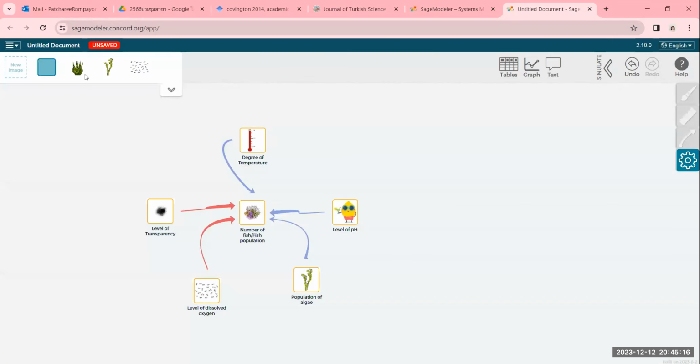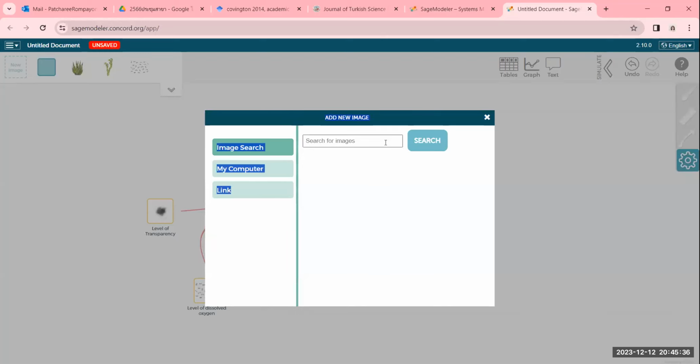Then, not only plant, but also the what is it? The disposal from house or from industry. What kind of disposal? Waste. Chemical waste from industry, or for example, from your house, it's just like organic waste or detergent, car wash, anything.